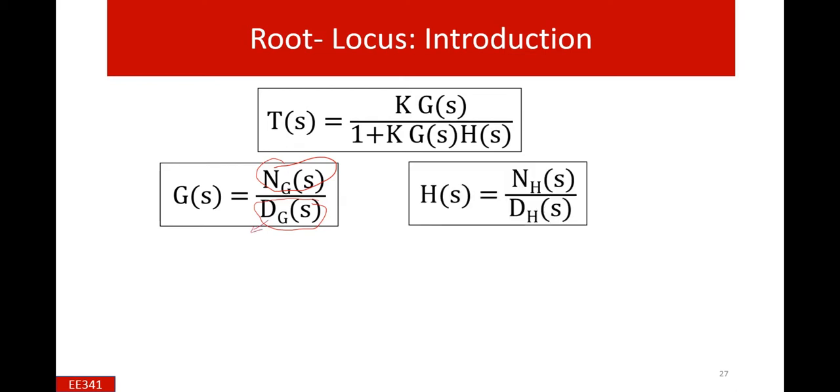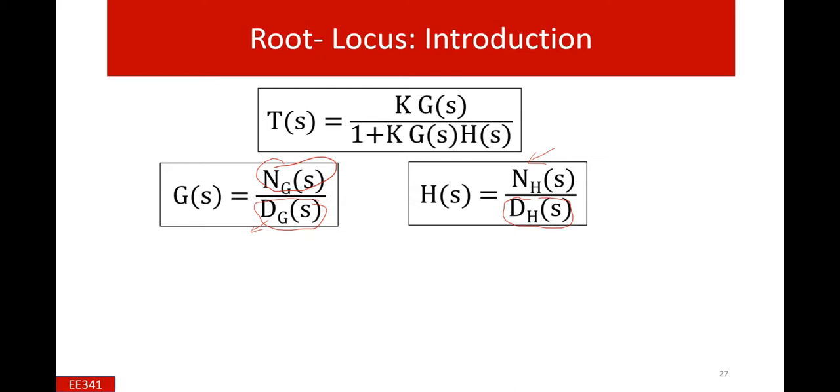Similarly, N sub h is the numerator term of the feedback transfer function, representing the zeros of the feedback transfer function, and this denominator term represents the poles of the feedback transfer function.